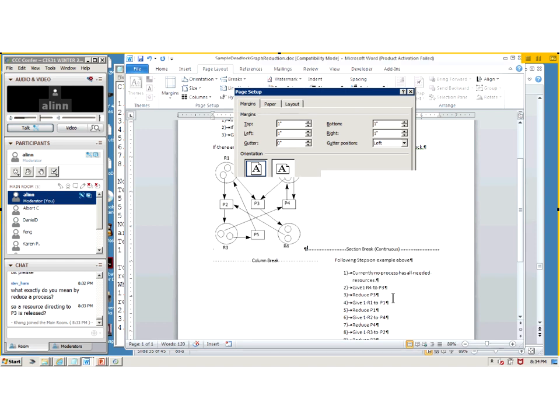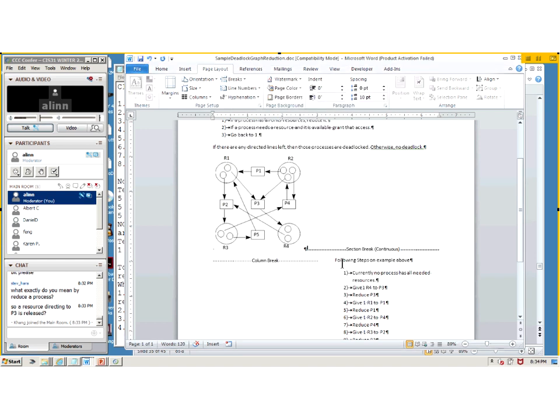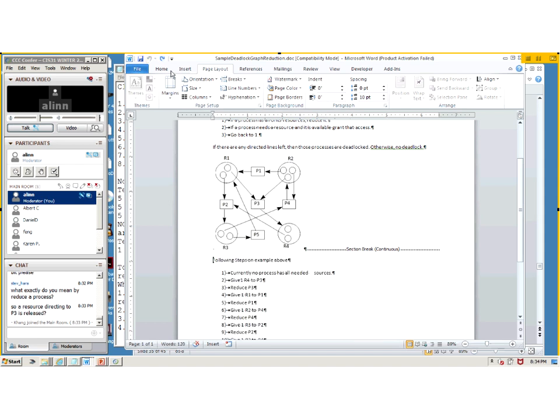Let me do it this way. I did it in the wrong spot. I want it up here in the column. So let me undo it. I should have done this in 2 columns. I want to do it here.